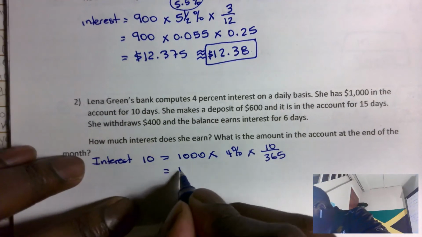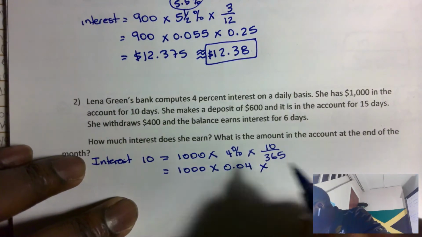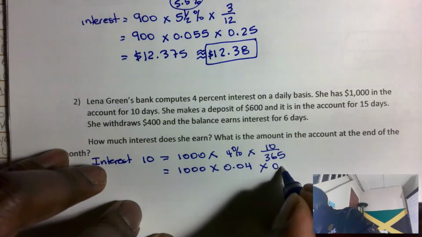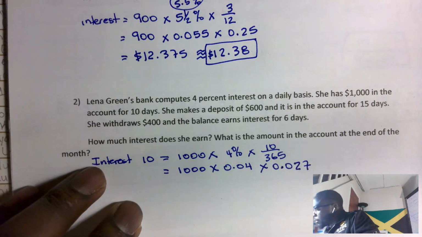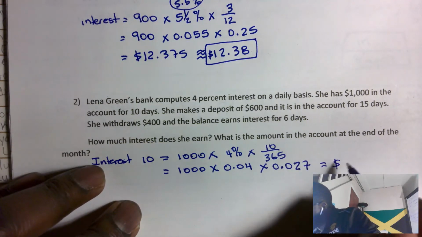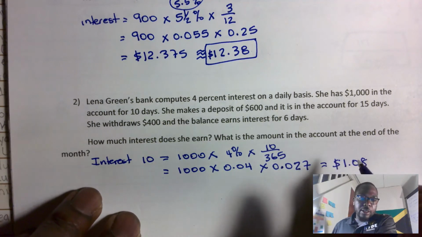So I'm going to do this here: 1,000 times 0.04 times 10 divided by 365 is equal to 0.027. So if I do 1,000 times 0.04 times 0.027, I'm going to get 1.08.